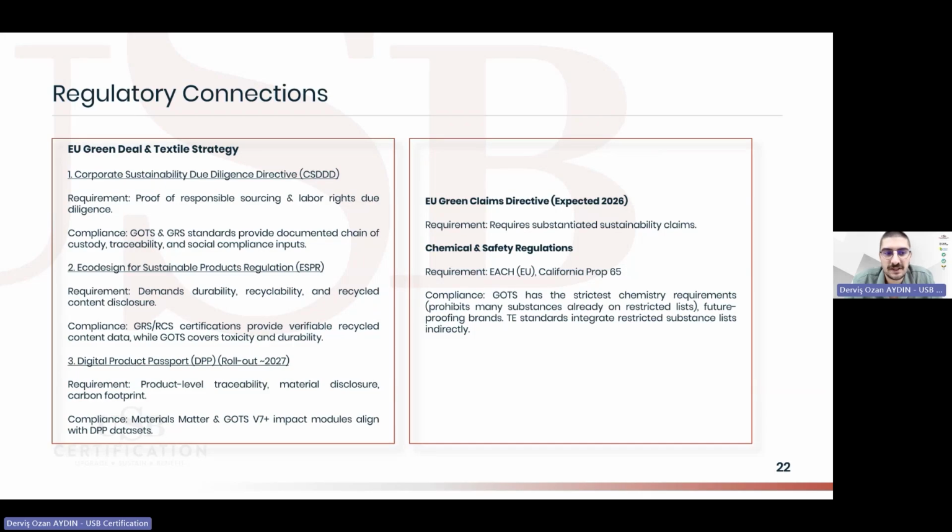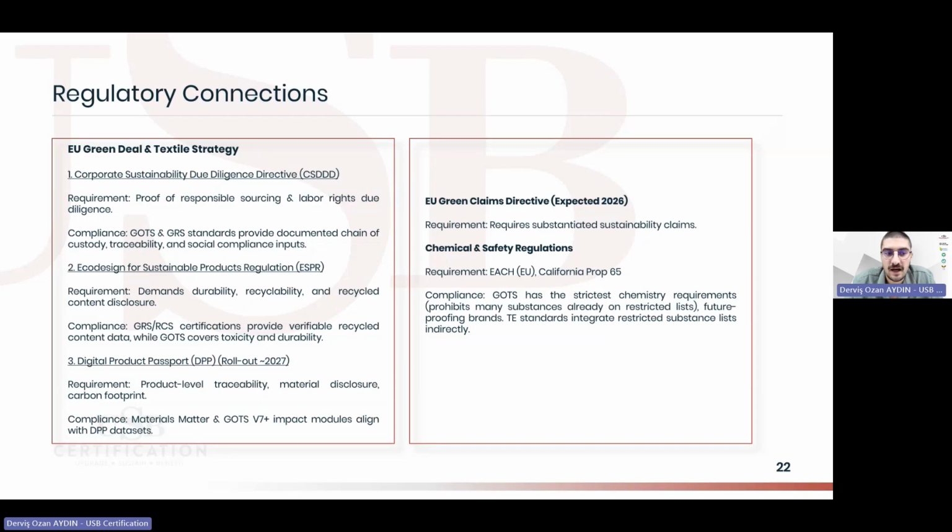Under these packages, there is a directive called CSDDD, the Corporate Sustainability Due Diligence Directive. For this directive, proof of responsible sourcing and labor rights due diligence has to be ensured. And GOTS and GRS standards provide documented chain of custody, traceability, and social requirements. Compliance inputs are compliant with this requirement.